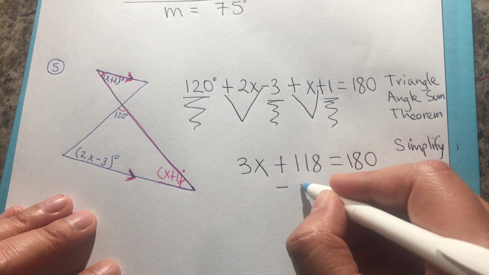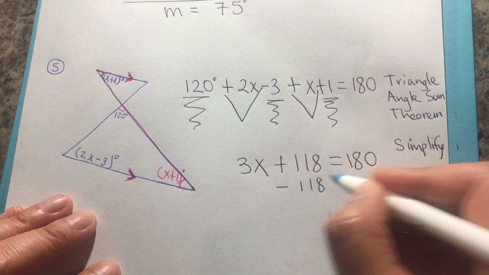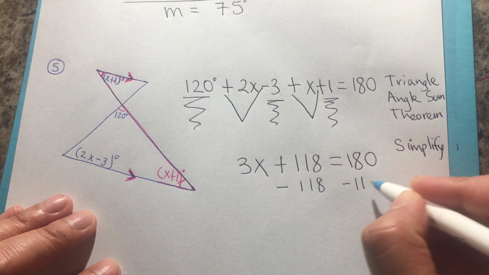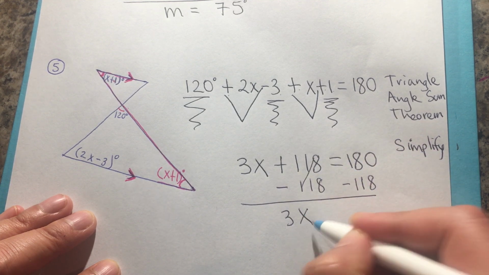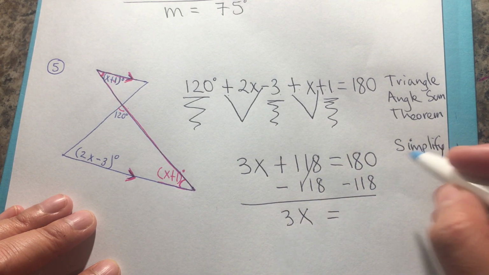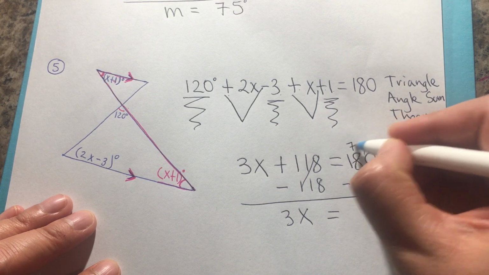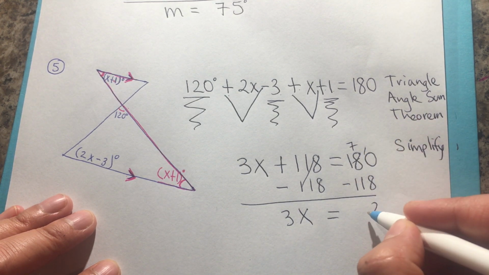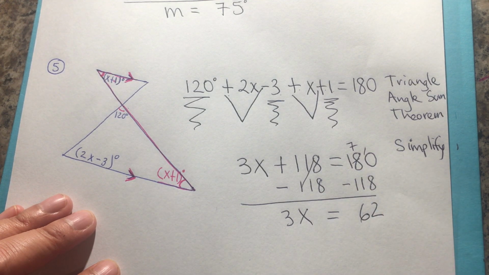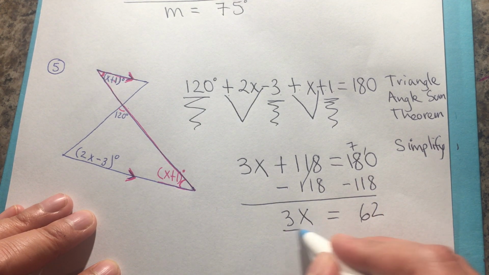I subtract 118 from both sides, and I get 3x is equal to, let me do the borrowing here, 10 minus 8 is 2, 7 minus 1 is 6, and 1 minus 1 is 0.